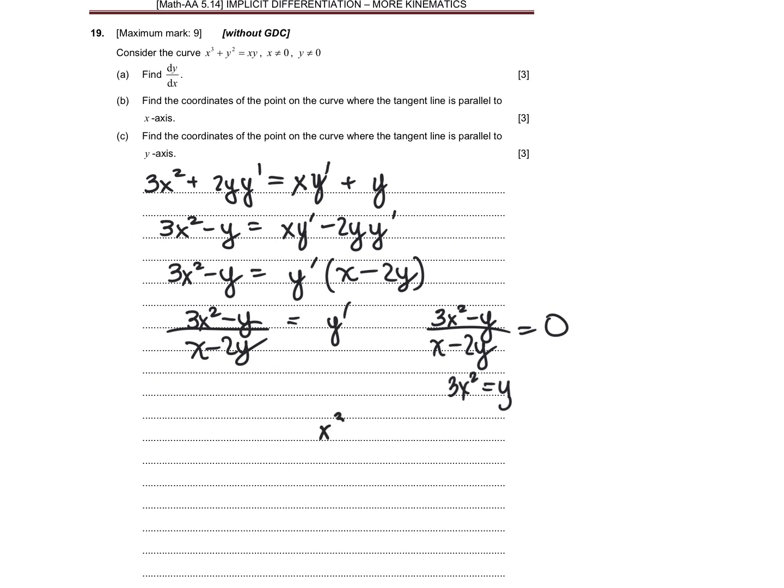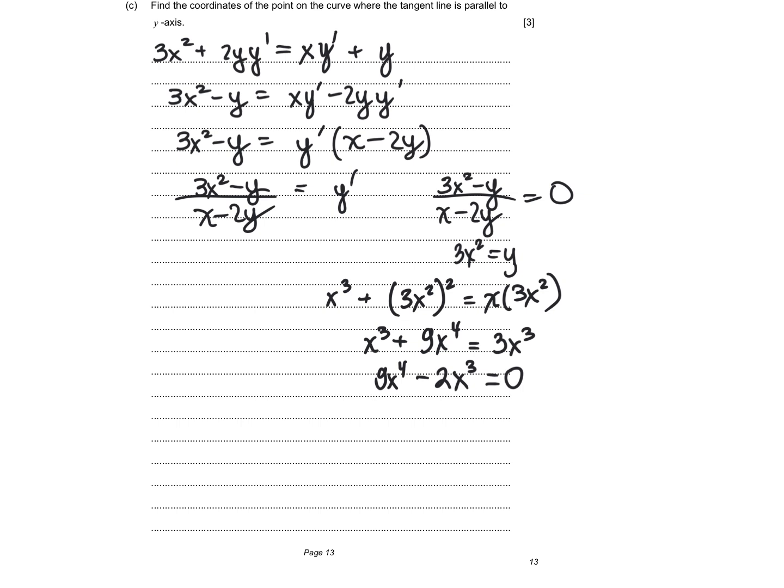So we're going to have x cubed plus y squared equals x times y. So this is x cubed plus 9x^4 equals 3x cubed. So we're going to have 9x^4 and then minus 2x cubed equals 0.